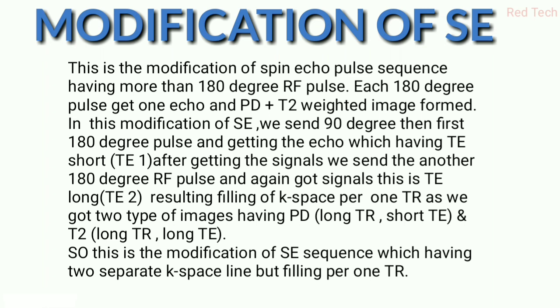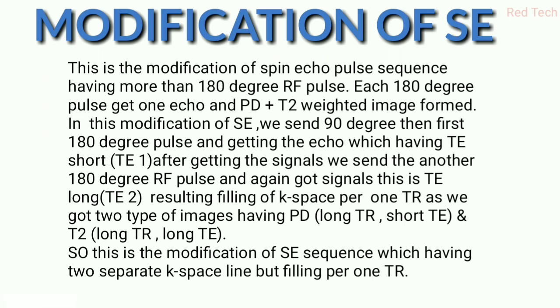PD and T2. When we receive the first time of echo, we have received the PD image, which is the short TE, time of echo, and after the second 180-degree pulse, when we acquire the signals, we get the T2 weighted image, which is basically the long TE.